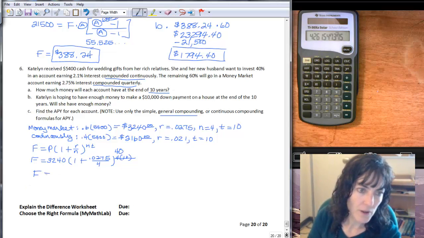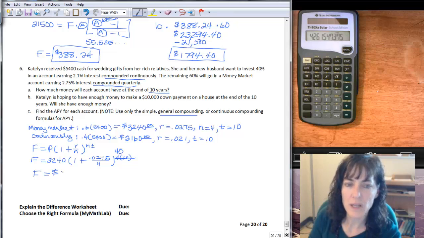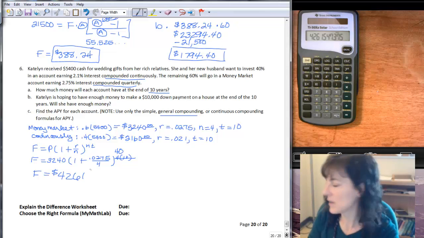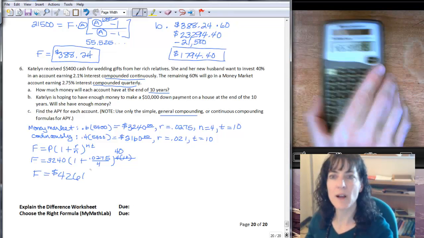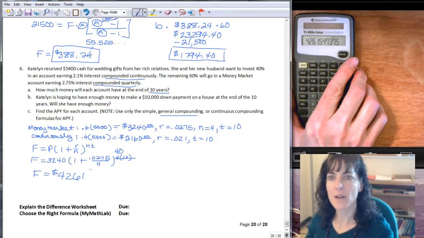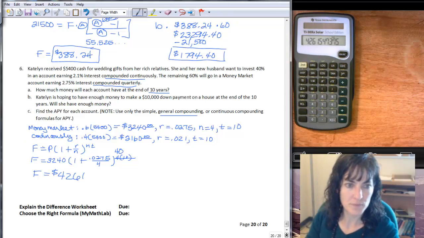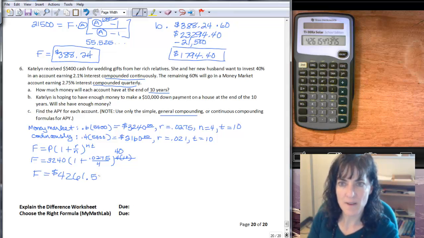My F comes to 4261.547, so $4,261.55. So that'll be the amount for the money market.